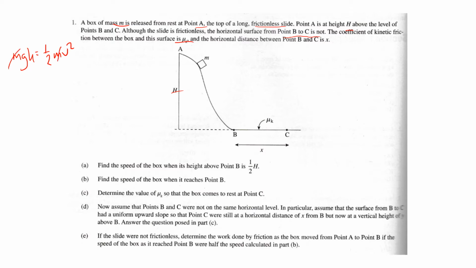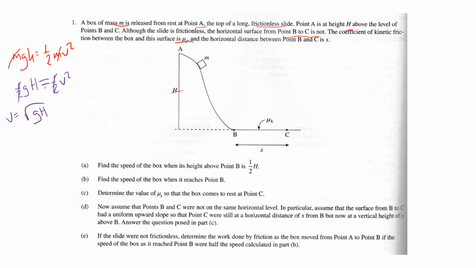Now, h is equal to 1/2 of big H, so we have 1/2 g big H is equal to 1/2 v squared. Cancel out the halves, and take the square root, so v is equal to the square root of gH. That's it for A.